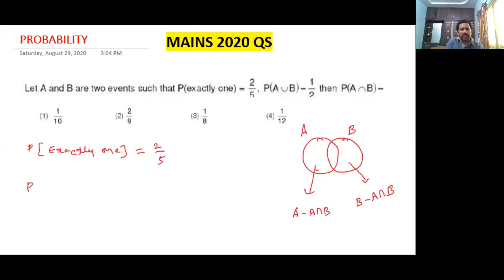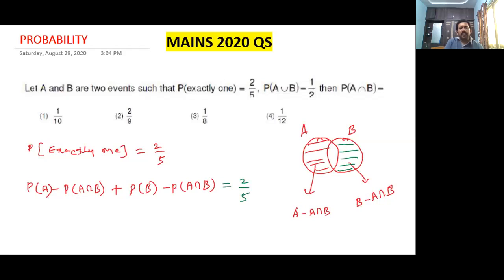Exactly 1 means P of A minus P of A intersection B plus P of B minus P of A intersection B. Exactly 1 means either A or B, anyone: this part or another part. So that's why I have written P of A minus P of A intersection B plus P of B minus P of A intersection B, that is equal to 2 by 5.